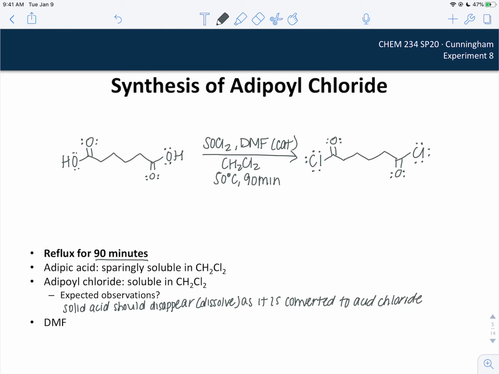Now we're adding in a catalytic amount of dimethylformamide, or DMF. So if it's catalytic, that means at the end of our mechanism it's going to be regenerated. But the role of the DMF is to activate our SOCl2.